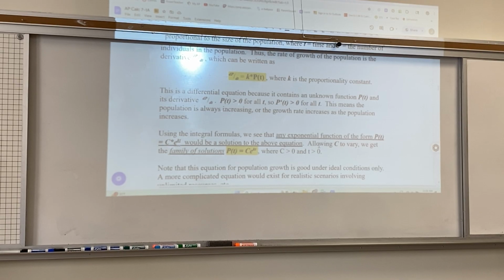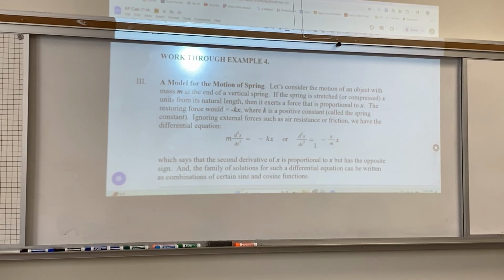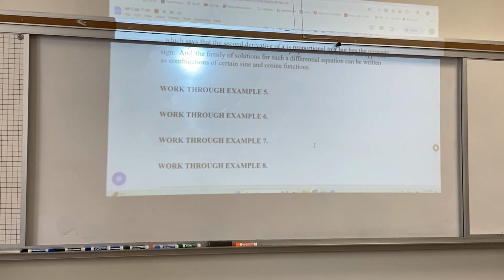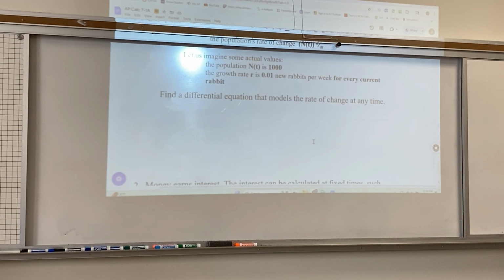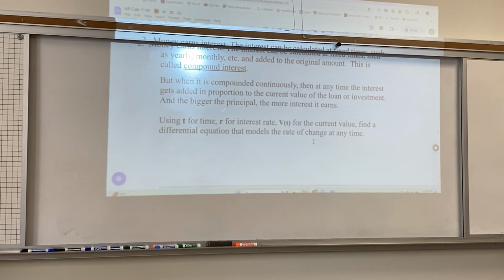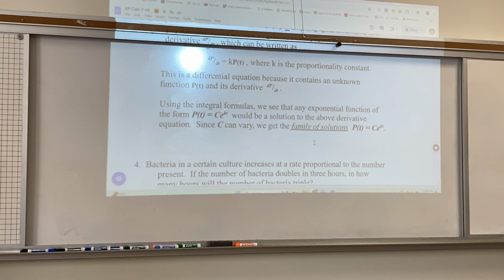Okay, seems like a lot of setup, right? And on your handouts, there's a lot of stuff. Let's look at the examples. Here's what we walked through. So 1, 2, and 3, we already pretty much answered.